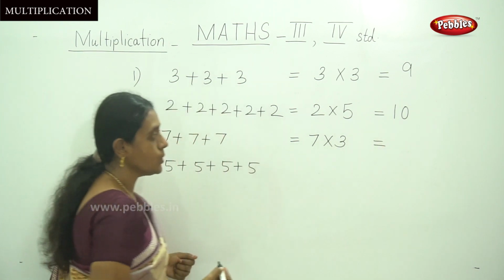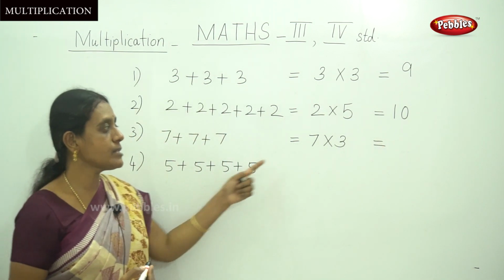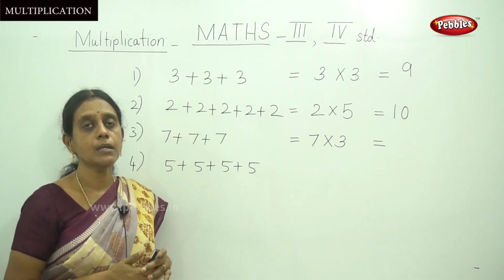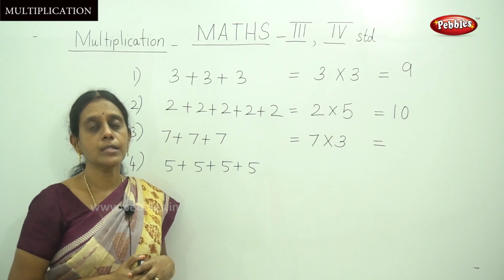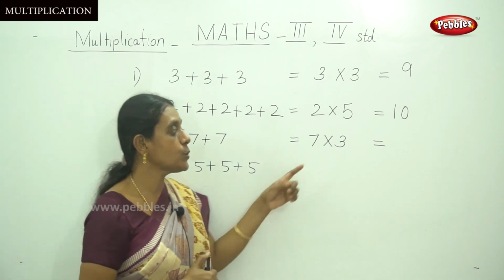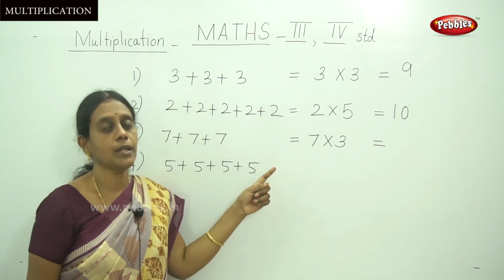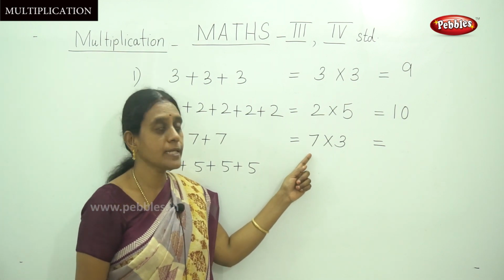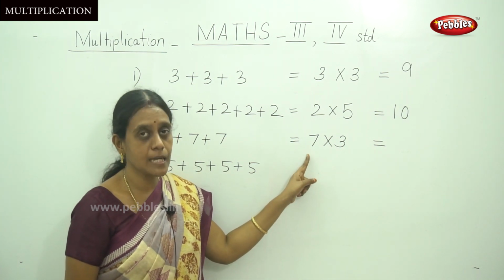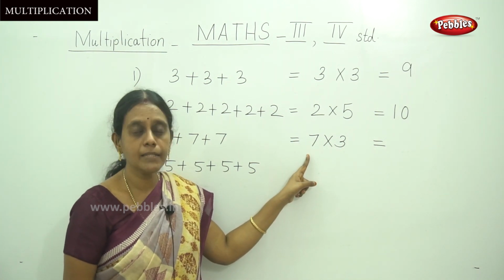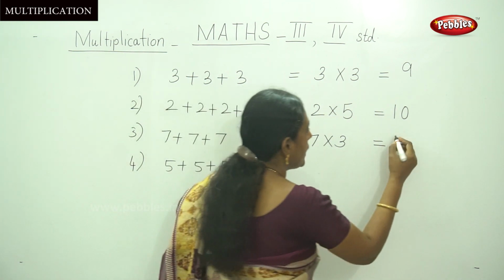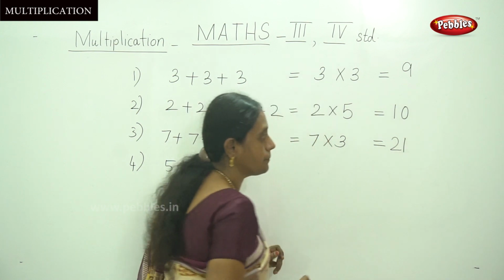So you should say the 3 table up to 7. 0 3s are 0, 1 3 is 3, 2 3s are 6, 3 3s are 9, 4 3s are 12, 5 3s are 15, 6 3s are 18 and 7 3s are 21. Now the answer is 21.